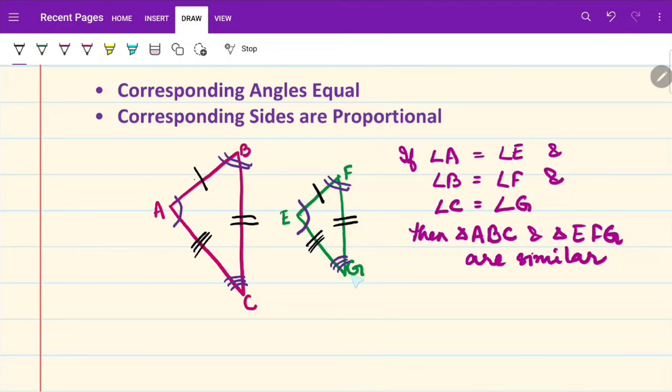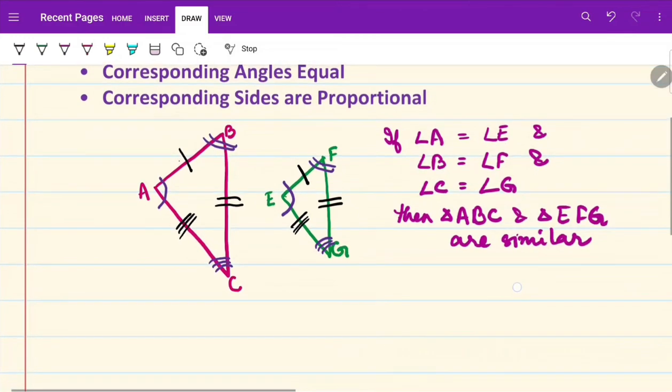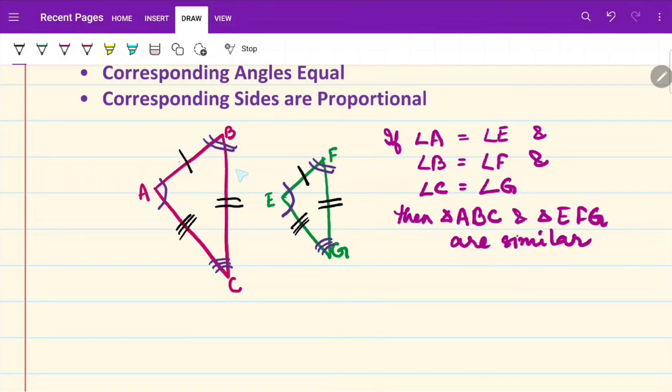So these are corresponding sides, and the property says that the ratios of the corresponding sides are equal to each other, which means if we take EF and divide it by AB, it's the ratio. So EF divided by AB will be equal to the ratio between FG and BC, which will be equal to EG over AC.